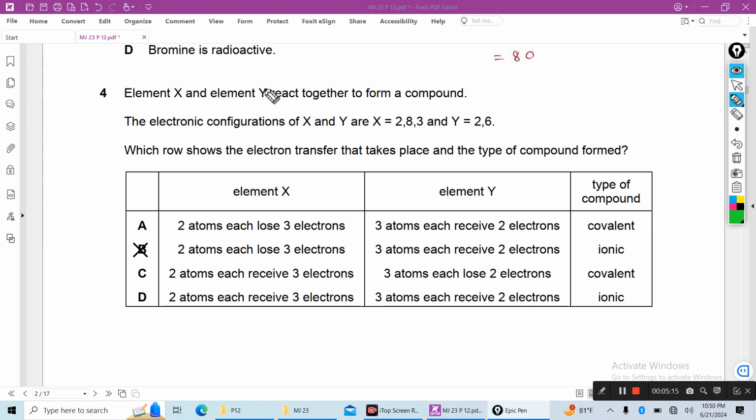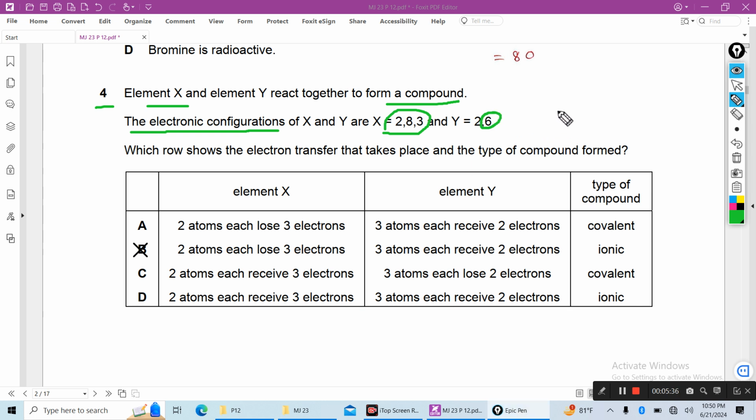Number 4. Elements X and Y react together to form a compound. The electronic configurations of X and Y are given. X is a group 3 element, Y is a group 6 element.